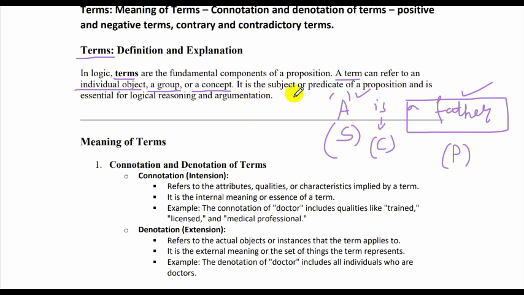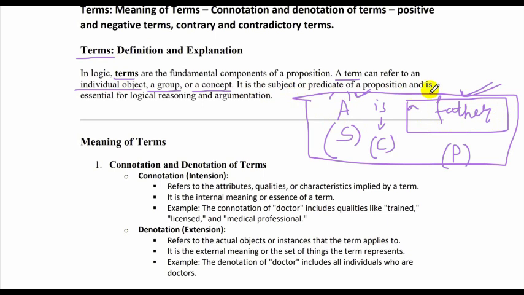It is the subject or predicate of a proposition. A term could either be a subject or a predicate of a proposition. This is a proposition, a statement having a true or a false value. A is a father, yes or no, true or false. Yes, he is or he is not.